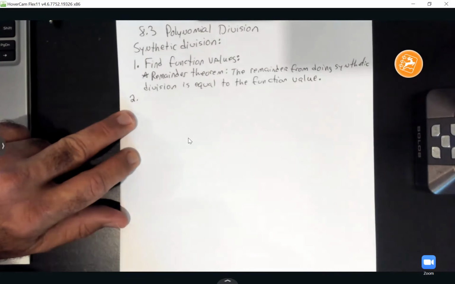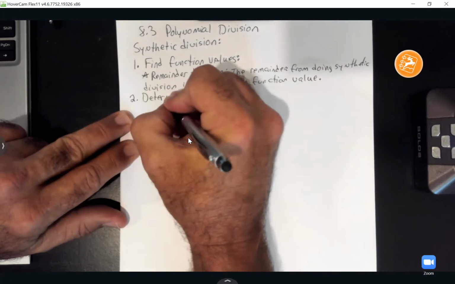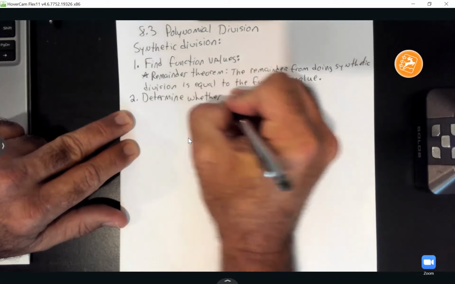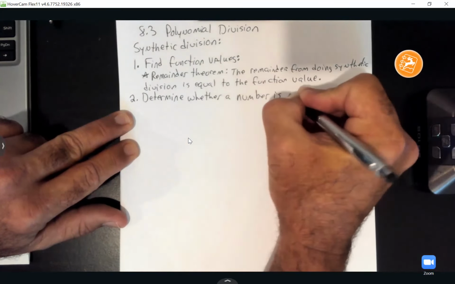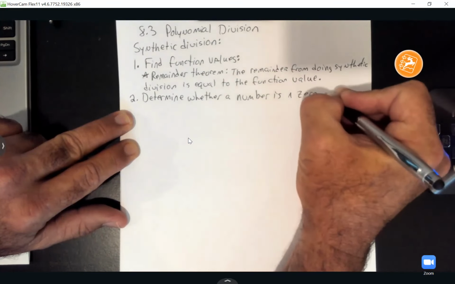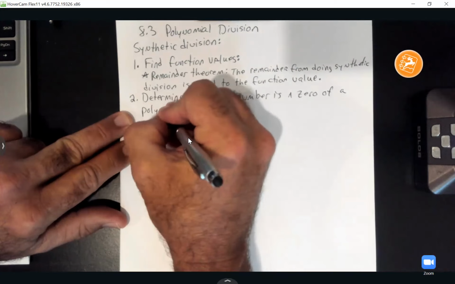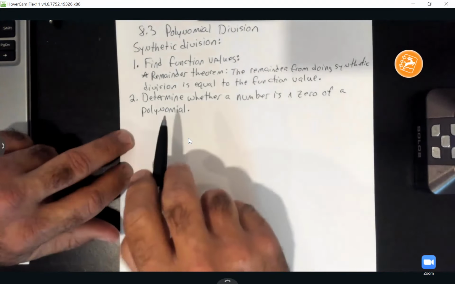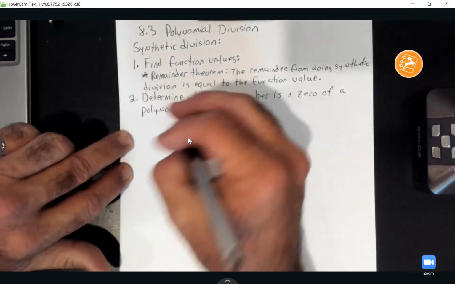The second thing we'll use it for is to determine whether a number is a zero of a polynomial. So I can use it to tell whether numbers are zeros of a polynomial. So here's the thing on that.